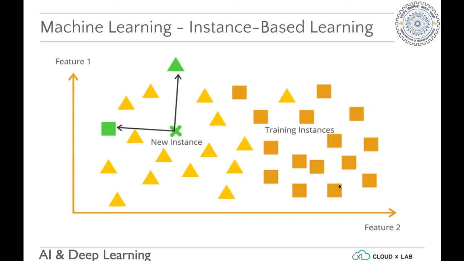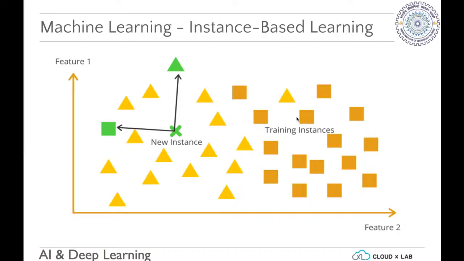Instance-based learning is essentially about finding the nearest experience or nearest example in the dataset and acting like that. Given a new instance, it tries to come up with this one or that one.